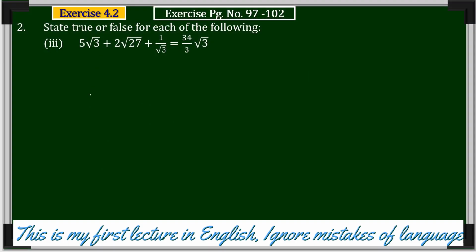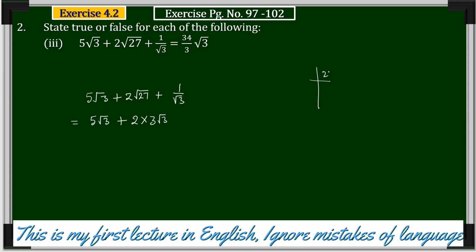It's statement 3. In this question, the LHS is 5 root 3 plus 2 square root 27 plus 1 upon root 3, and it has to be proved equal to 34 upon 3 square root 3. Okay, so let's check it. 5 root 3, same. 2 root 27, but 27 can be written as 3 root 3. Why?